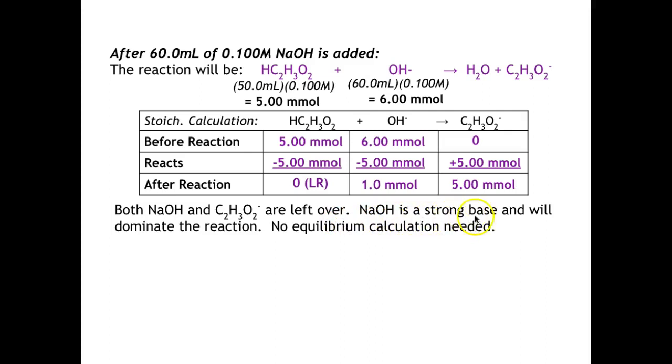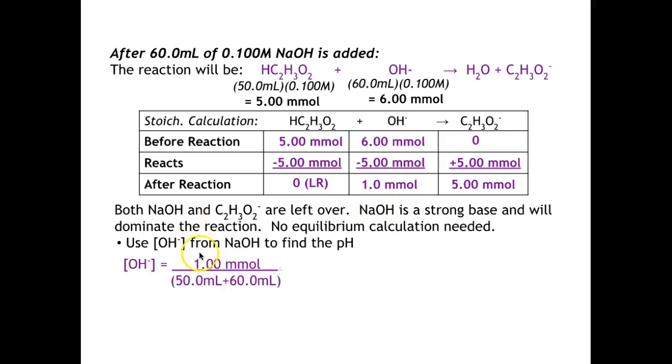NaOH is a strong base and will dominate the reaction. So no equilibrium calculation is required. The pH is going to be determined by the amount of hydroxide ions that are there. We don't need to worry about this weak conjugate base in the solution. So to find the pH, we need to use the concentration of the NaOH.